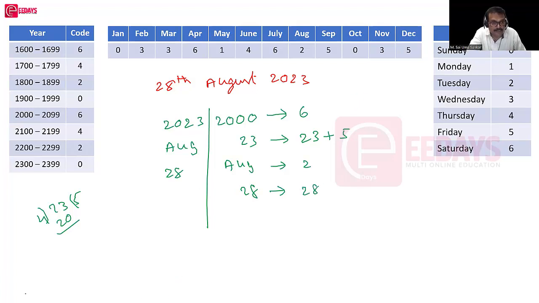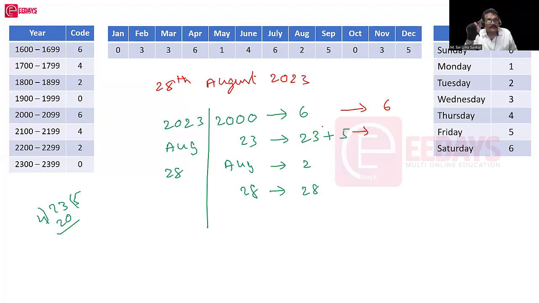Now, all of you observe carefully. Here, this is equal to 6 odd days. 23 plus 5, that is equal to 28. Now, if you want to find the number of odd days, first you check whether the given number is more than 7 or less than 7.